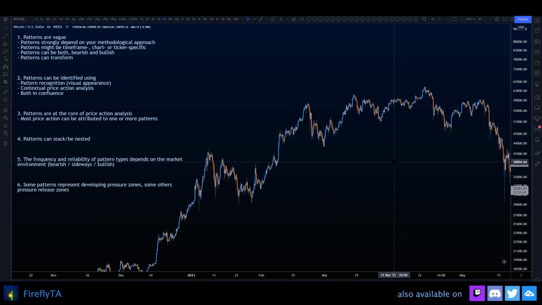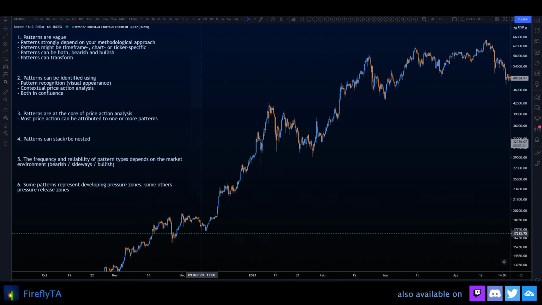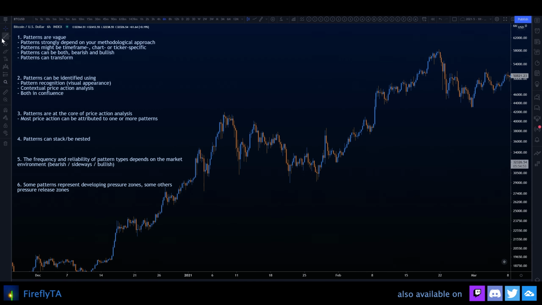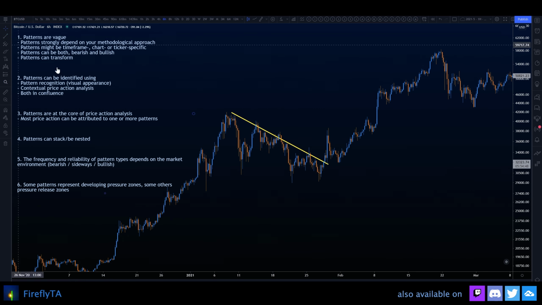So this is a bullish market environment, and there are structures that are actually more bullish, or can be interpreted in a more bullish way. For example, we have this falling wedge structure here.